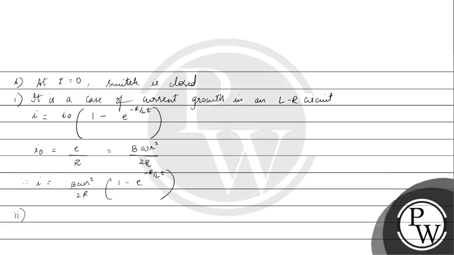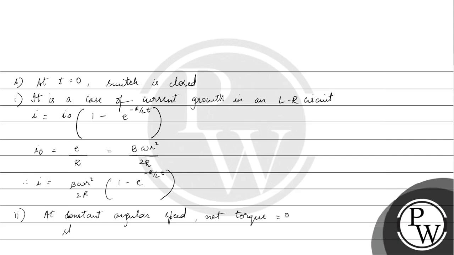अभी सेकेंड पार्ट के लिए, so they want us to write the net torque as a function of time. तो हम ये कह सकते हैं at constant angular speed net torque will be 0.